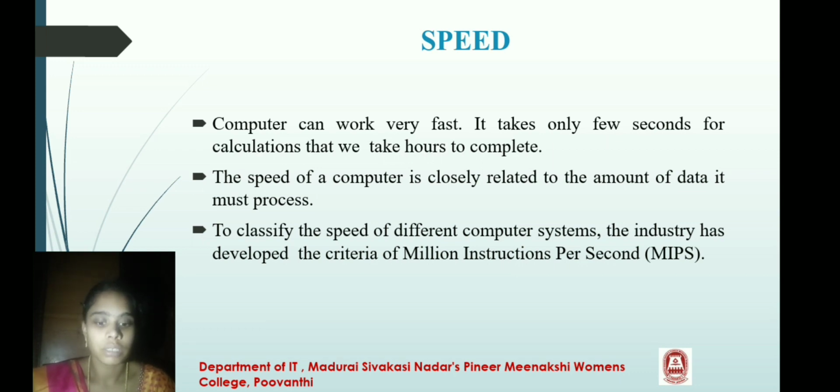The speed of the result depends on the amount of data fed in for processing. To classify the speed of different computer systems, the industry has developed the criterion of million instructions per second.